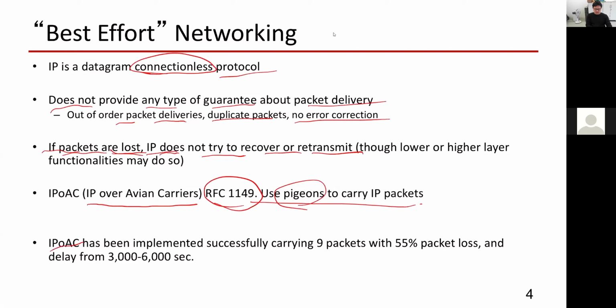So IPoAC, IP over avian carriers, was implemented successfully, carrying 9 packets with 55% packet loss and delivery delays of about 90 seconds to 90 minutes. It has delays like this.